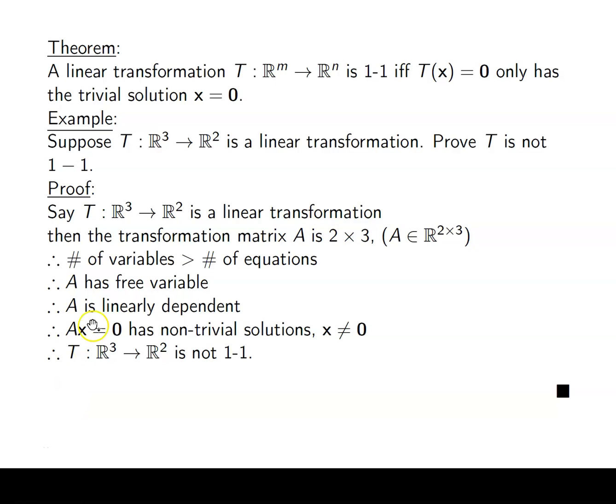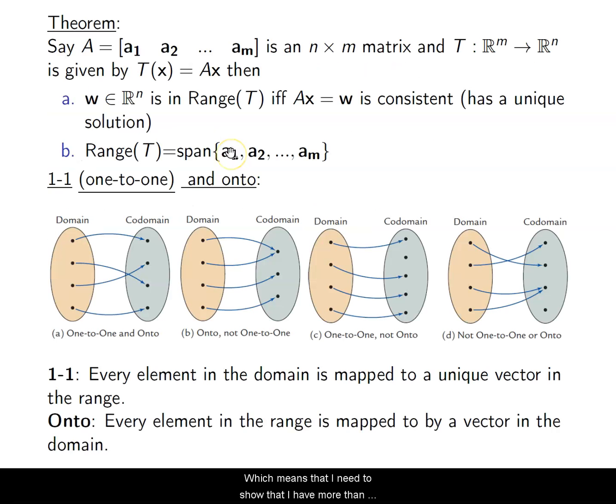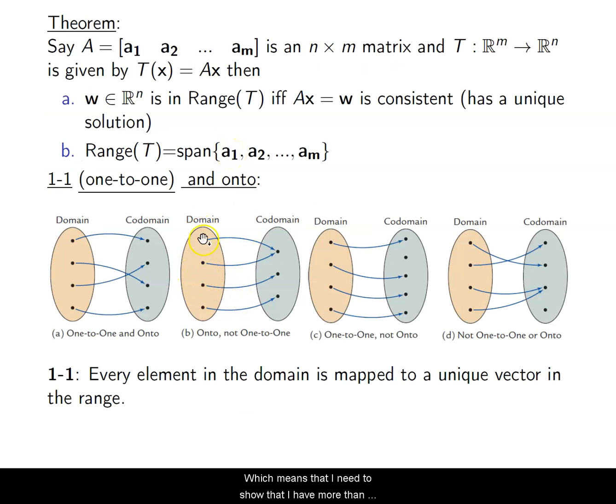So to review just this one more time without having to rewind, I need to show that this linear transformation is not one-to-one, which means I need to show that I have more than one thing ending up in the same place. So far, the only way we've seen that is when I have infinite solutions to a system, right?